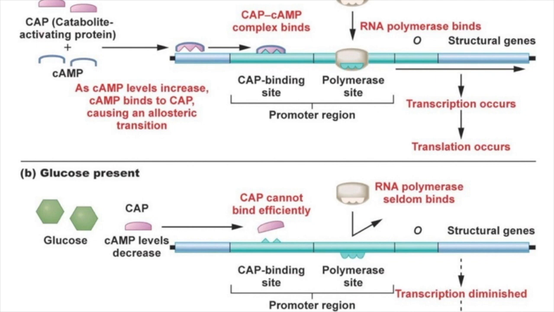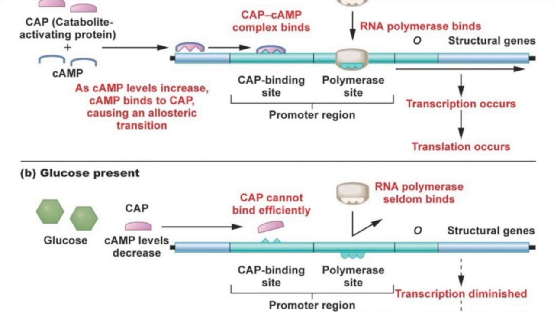If you don't have CAP-cAMP there, it's just going to be the random chance encounter of a molecule of RNA polymerase with the promoter that leads to some transcription. But if you've got CAP-cAMP there, you are going to get enormous attraction of lots of RNA polymerase molecules, and you will get lots of transcription.